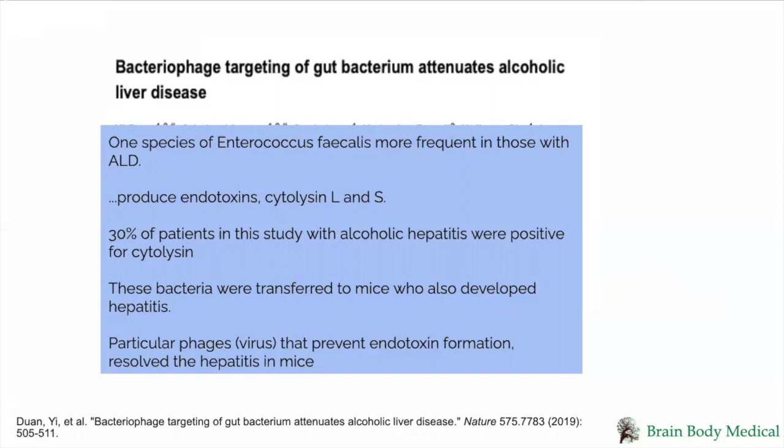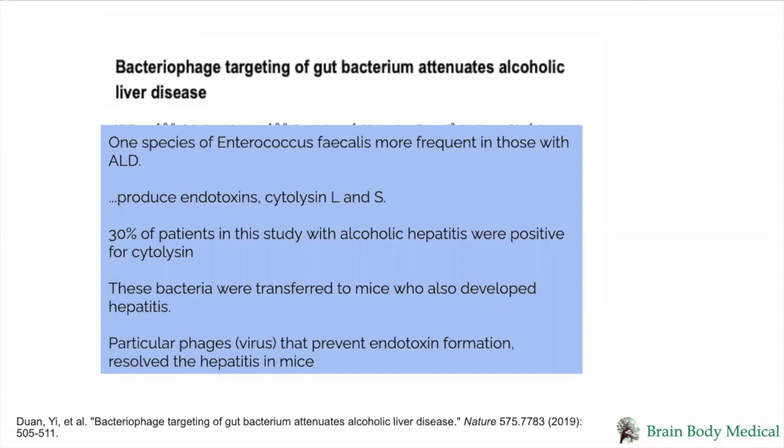And when they transferred the Enterococcus faecalis to mice who had a normal liver, they eventually developed hepatitis. And when they gave the mice treatment that prevented the cytolysin from being formed, it resolved the hepatitis in mice.